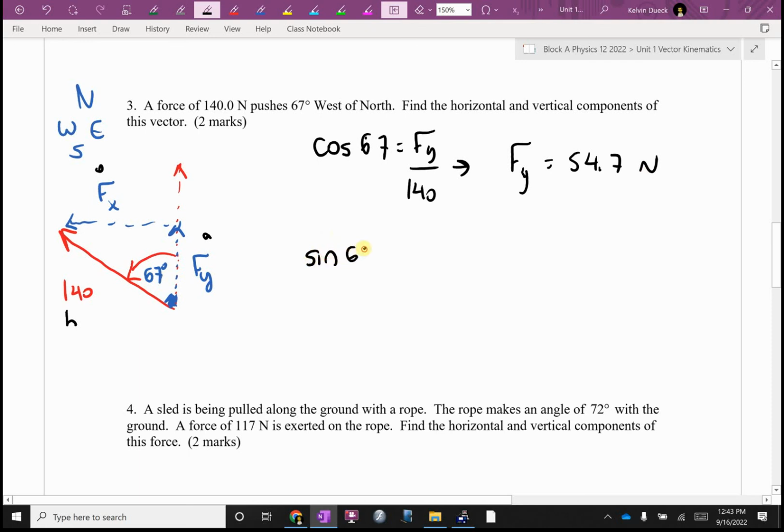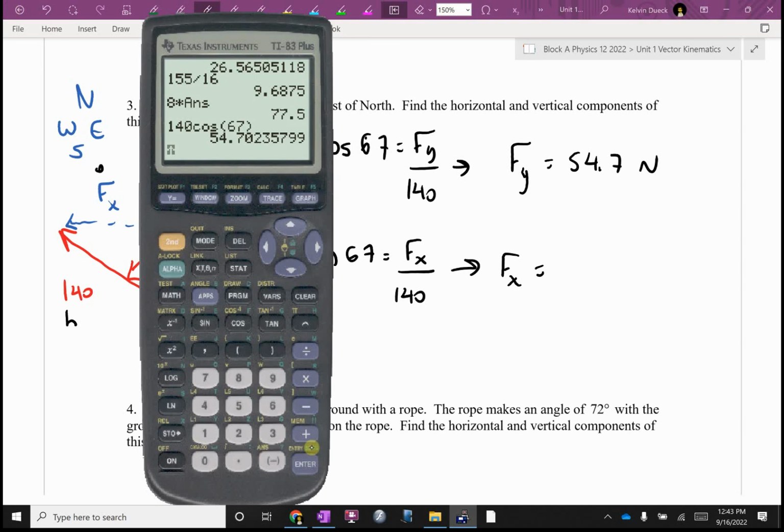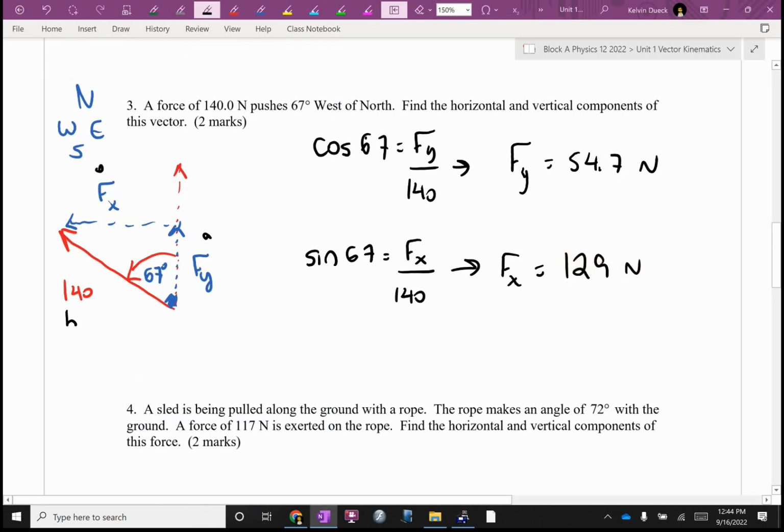Sine is going to be Fx. So Fx ends up being 140 times the sine of 67. And again, because I have a good calculator, I can just backspace and edit. 129? I would give you 1 mark for each of these.